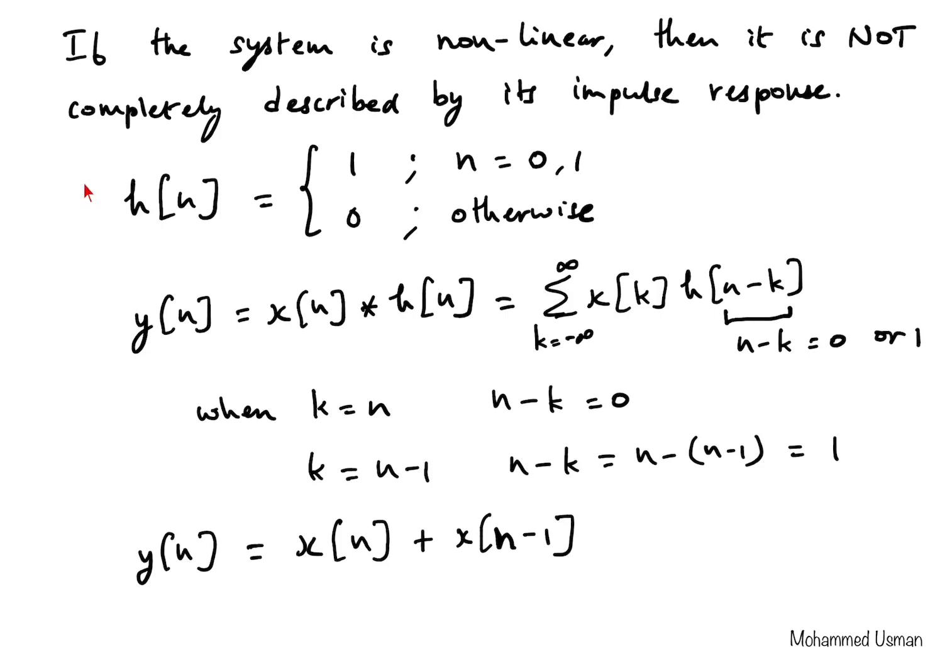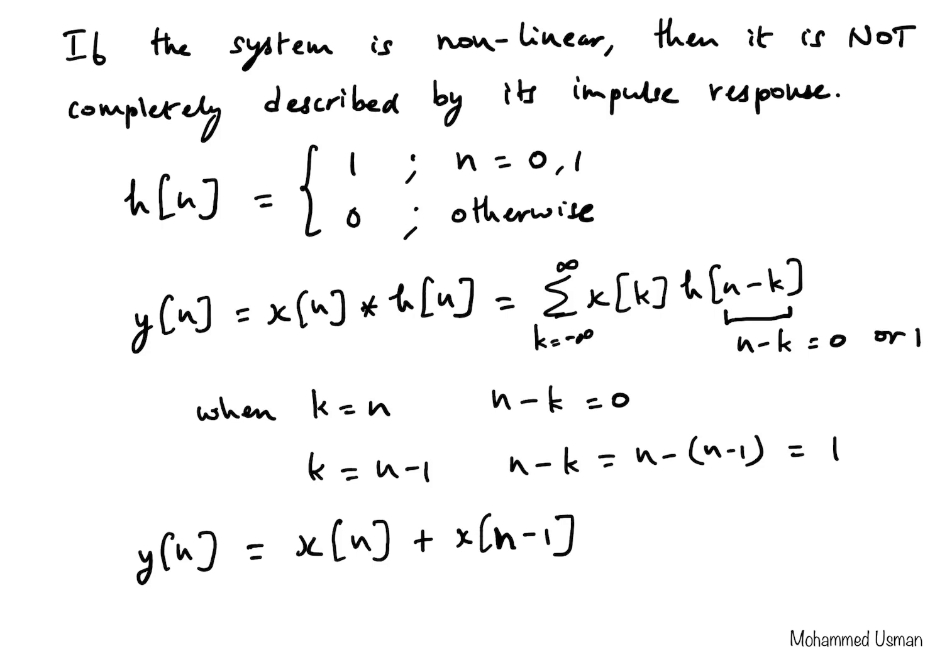Based on that information, we can compute the output of the system for any input signal x of n. Given this scenario, the output of the system for any input x of n is going to be the sum of the current value and the previous value of the input x of n, right? That is the response of this particular system.